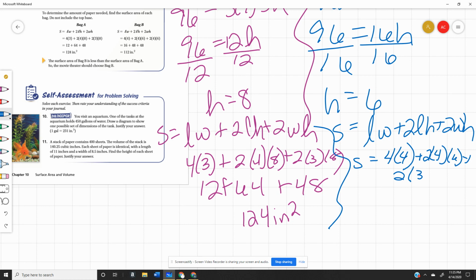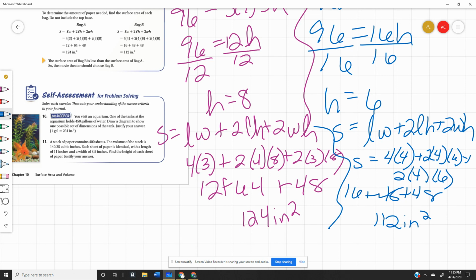Why did I say 3? I don't know. I'm thinking about the last one. 2 times 4 times 6, okay? 4 times 4 is 16. 2 times 4 is 8. 8 times 6 is 48. We already figured that one out, so 48. And then when we add all of them up, we get 112 inches squared for the surface area.